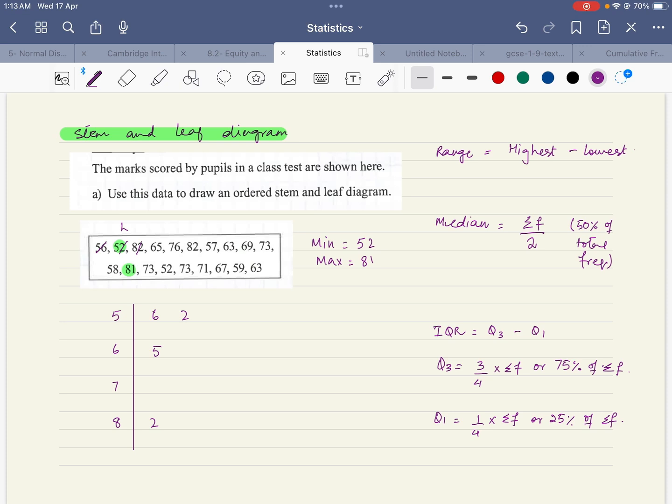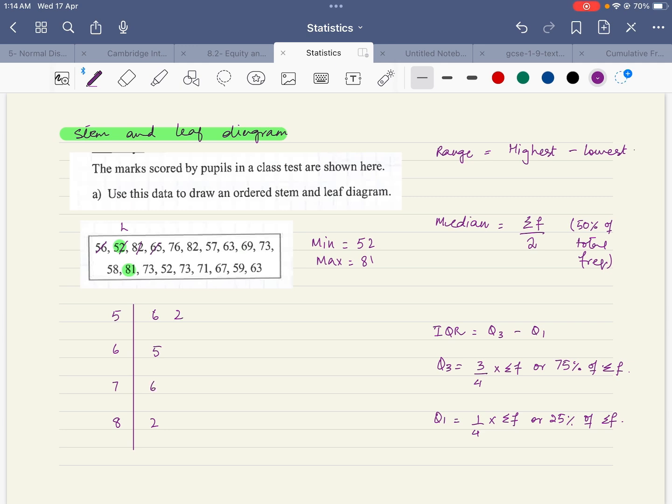This way, this data is not arranged and organized right now. We will arrange it later on, but right now the way we are writing the data is so that we don't miss out anything. Okay, 65.